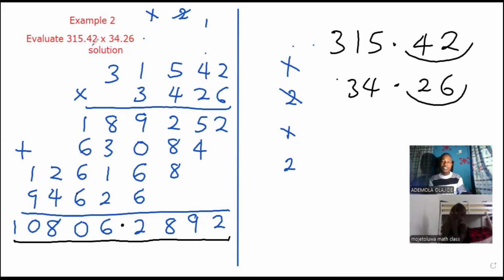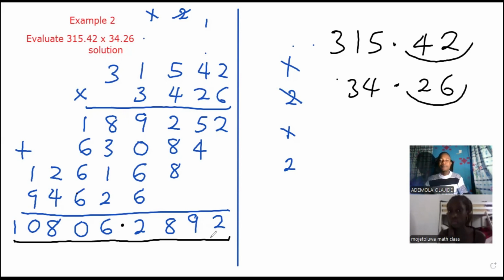Also 2 digits, making altogether 4 digits after the decimal point. That tells you your answer is supposed to have 4 digits after the decimal. So count 4 digits from the right towards the left: 1, 2, 3, 4. You place your decimal here, and this is the result.